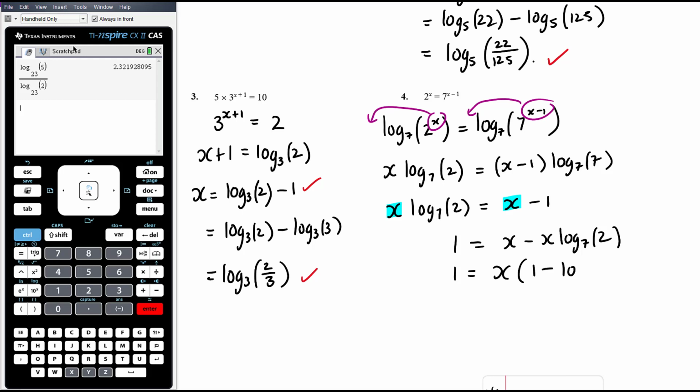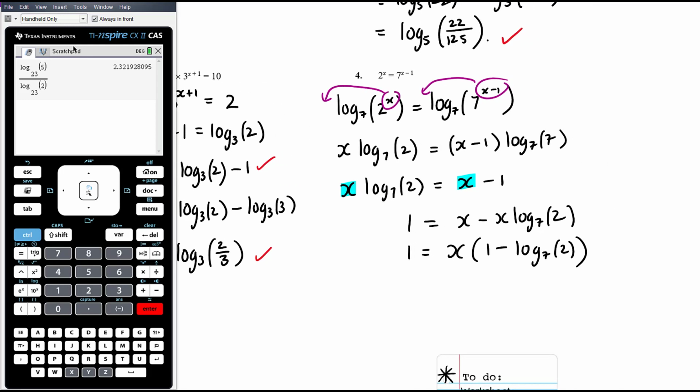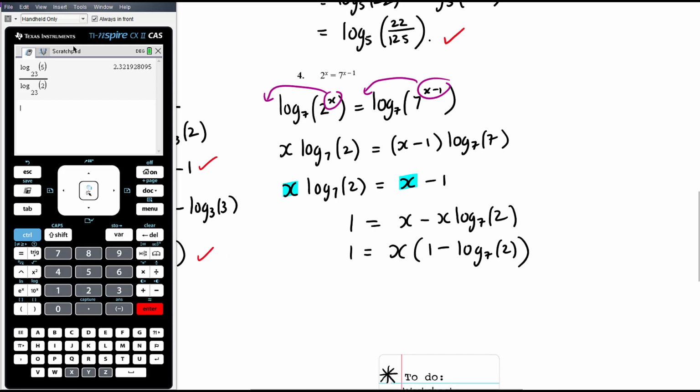That's how we're going to be able to collect like terms when we've got an expression like this. Now again, I might want to focus on getting this together as a single log, or I might just leave it as it is and divide like that. So essentially now we've just got x being multiplied by 1 minus log base 7 of 2, and 1 minus log base 7 of 2 is just a number, so we just want to divide by the number to solve for x. So x will be equal to 1 divided by 1 minus log base 7 of 2.